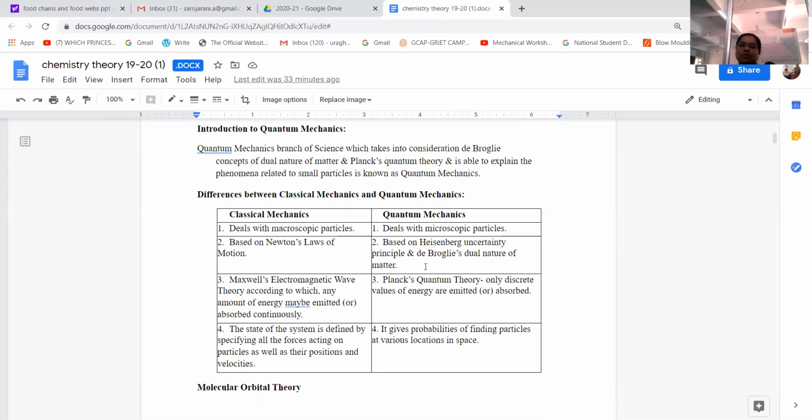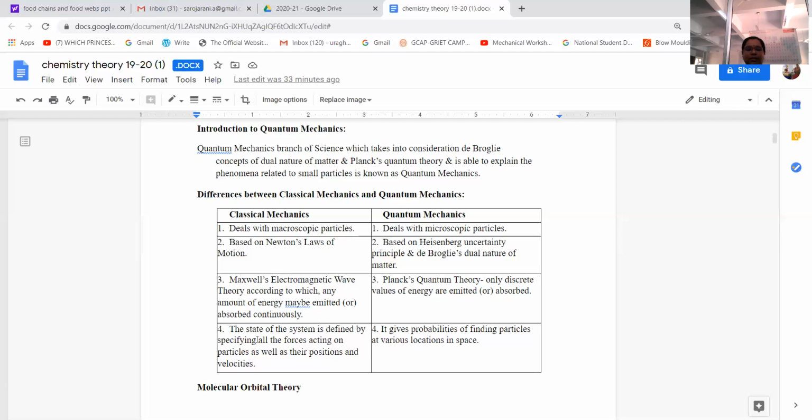Matter has both wave nature as well as particle nature. That is called de Broglie's dual nature of matter. Next, Maxwell's electromagnetic wave, according to which an amount of energy may be emitted or absorbed continuously. This theory was proposed by Maxwell, hence it is Maxwell's electromagnetic wave. Next one is Planck's quantum theory: only discrete values of energy are emitted or absorbed.